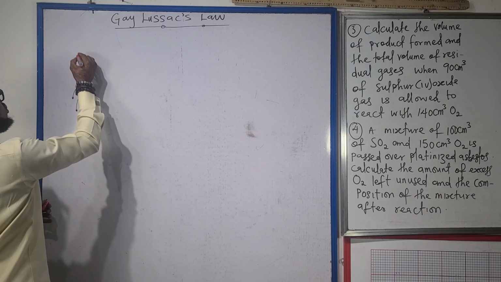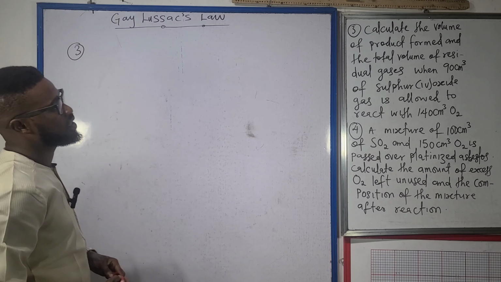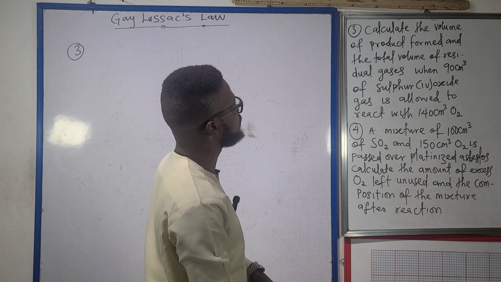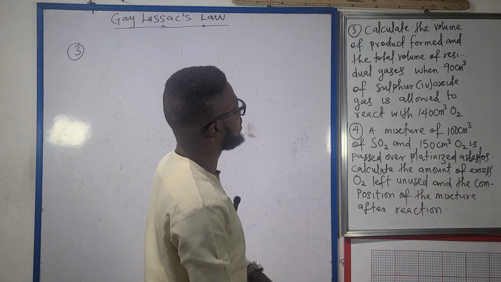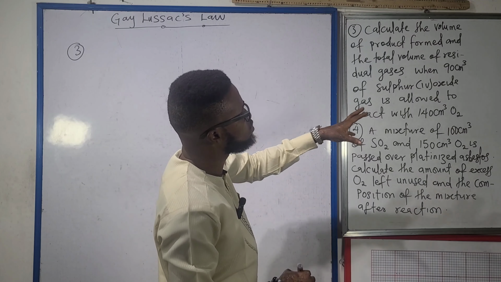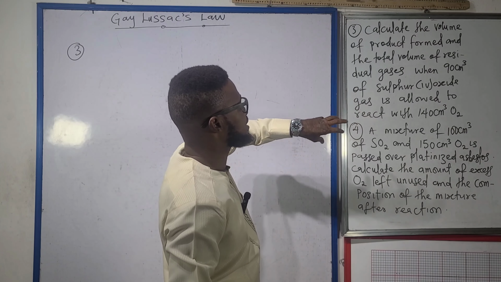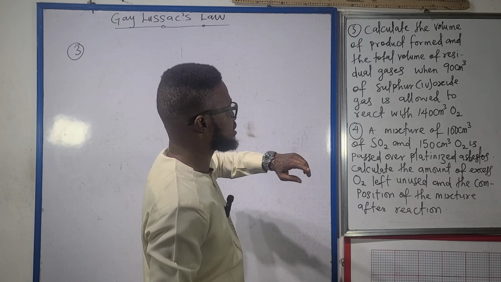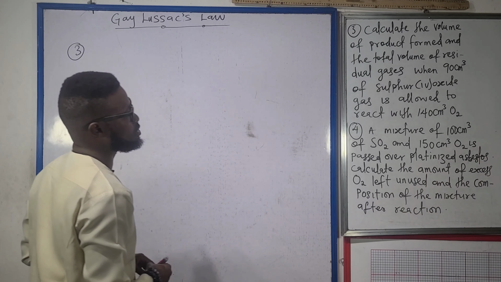Moving on to the third question, it says calculate the volume of product formed and the total volume of residual gases when 90 cm³ of sulfur(IV) oxide gas is allowed to react with 140 cm³ of oxygen.